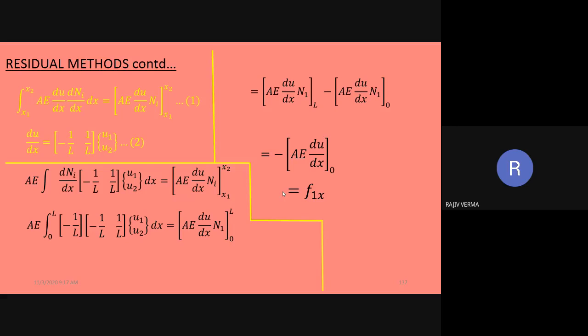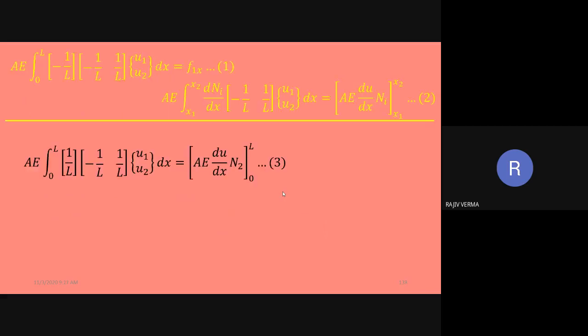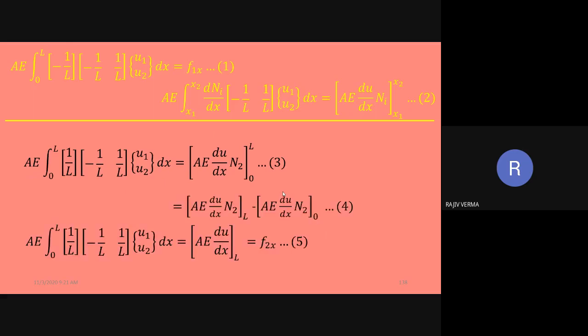Please note that the negative sign has disappeared. Why it has disappeared? This you can find out using the elementary theory of SOM. And similarly, for I to be 2, we get equation number 5.